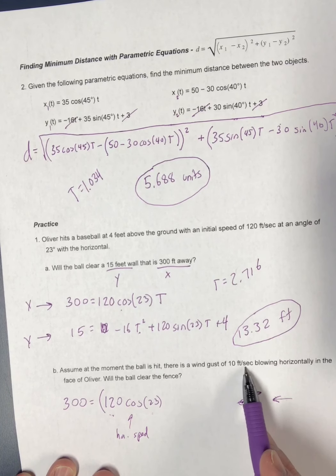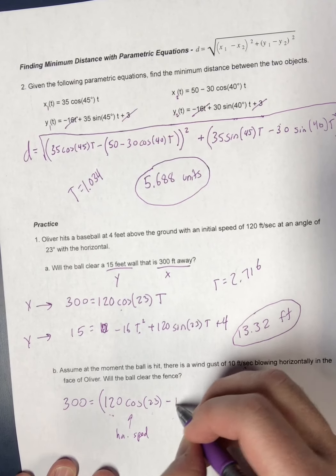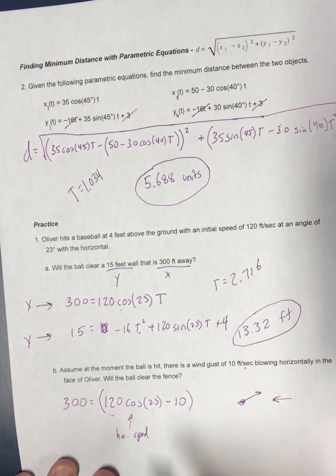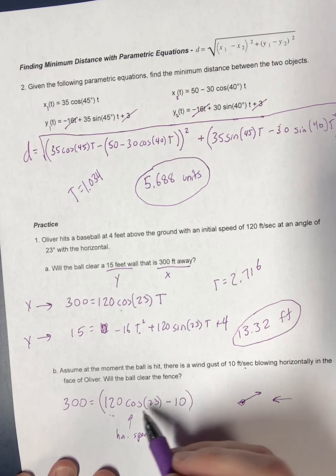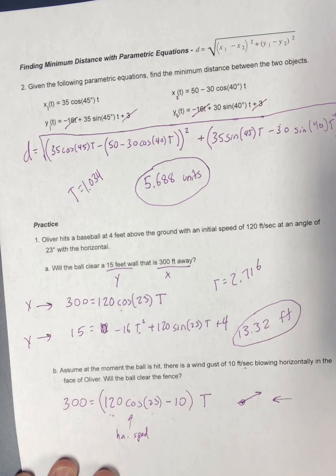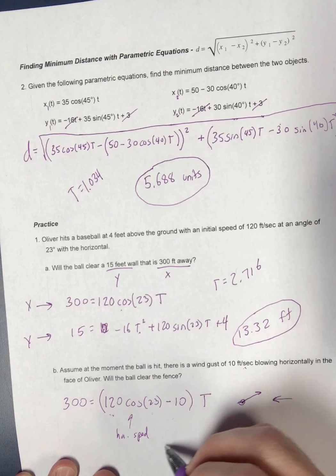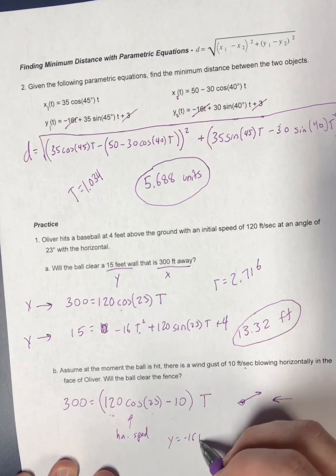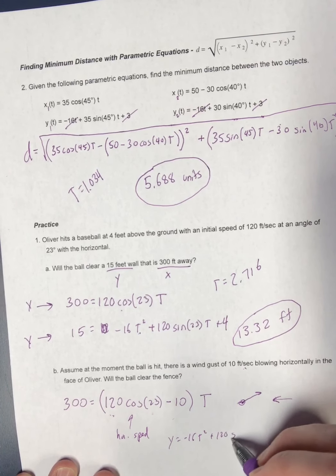So if there's a wind blowing 10 feet per second directly against it, that is going to directly impact the horizontal speed of the baseball. So we actually subtract 10 from that speed value and multiply that by t, just like we would have in the previous problem. The y equation is exactly the same, negative 16t squared plus 120 sine 23t plus 4.